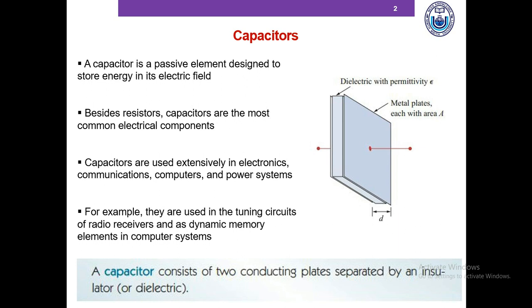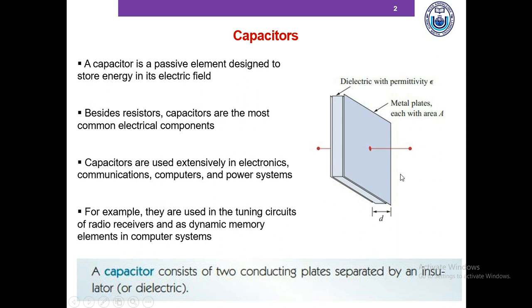One common example of capacitor application is that they're used in the tuning circuits of radio receivers and as dynamic memory elements in computer systems. So when you're turning the knob of the radio that says different frequencies, 90 megahertz, 91 megahertz, something like that, you're basically changing the value of a variable capacitor.